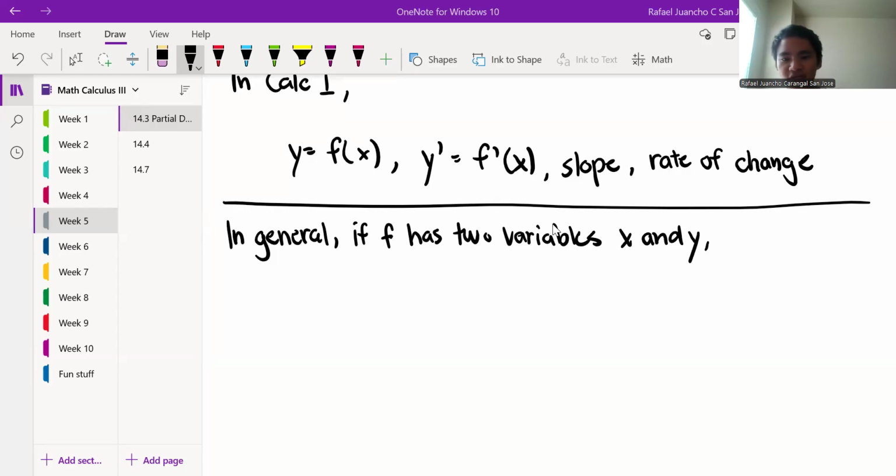Suppose we let only x vary while keeping y fixed. We could do that. And we say b is a constant.